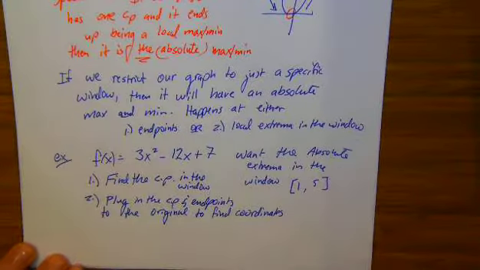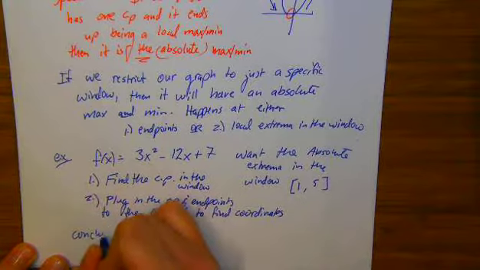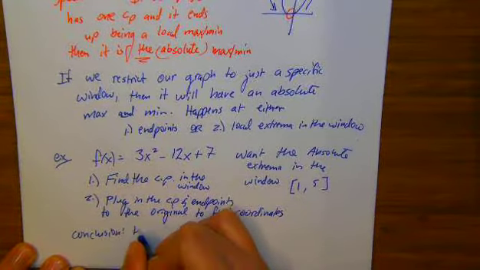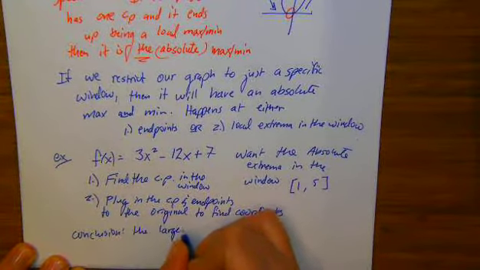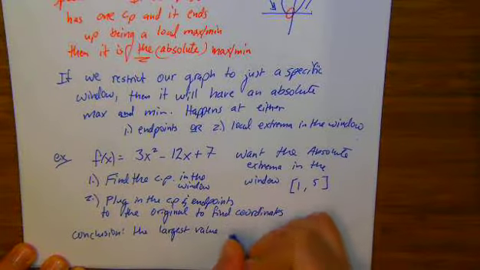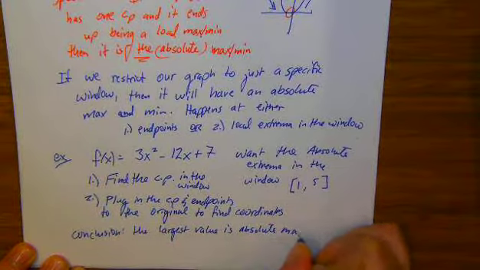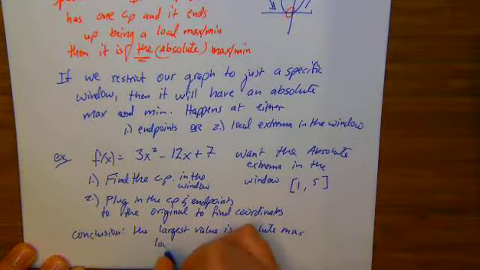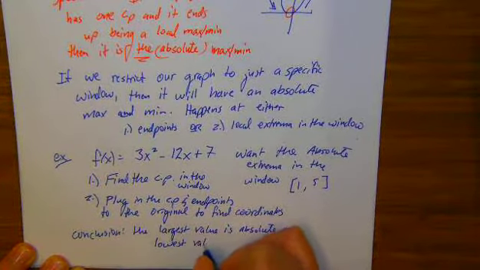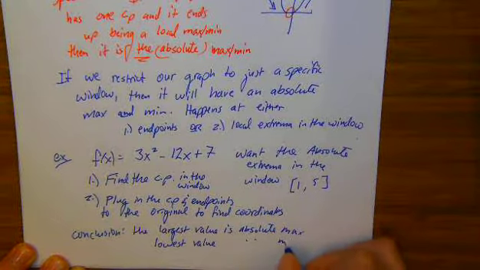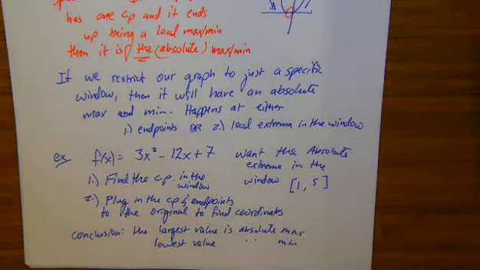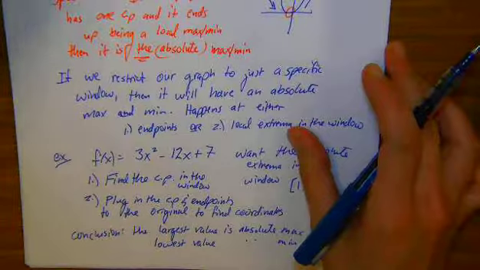Right, so our conclusion: the largest value is the absolute max, and the smallest or the lowest value is the absolute min.